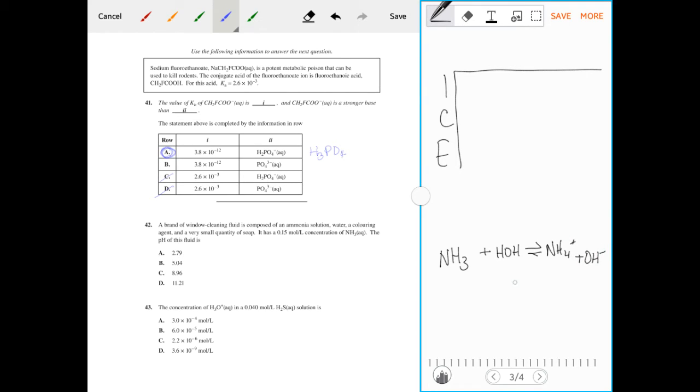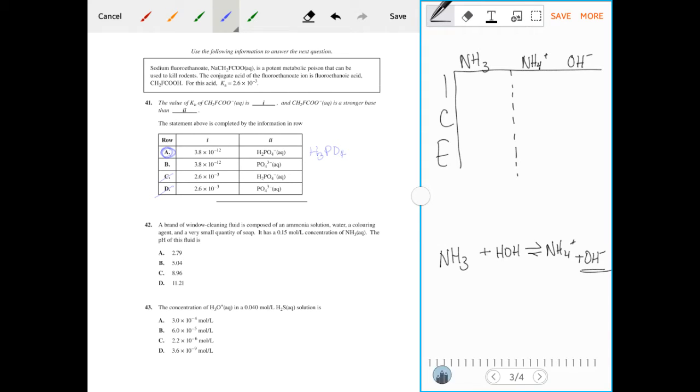We're looking for the pH, so we're probably looking to find something with our hydroxide ion concentration. Again, we don't include our water in our ICE table, so I have my ammonia, my ammonium, and my hydroxide ions.